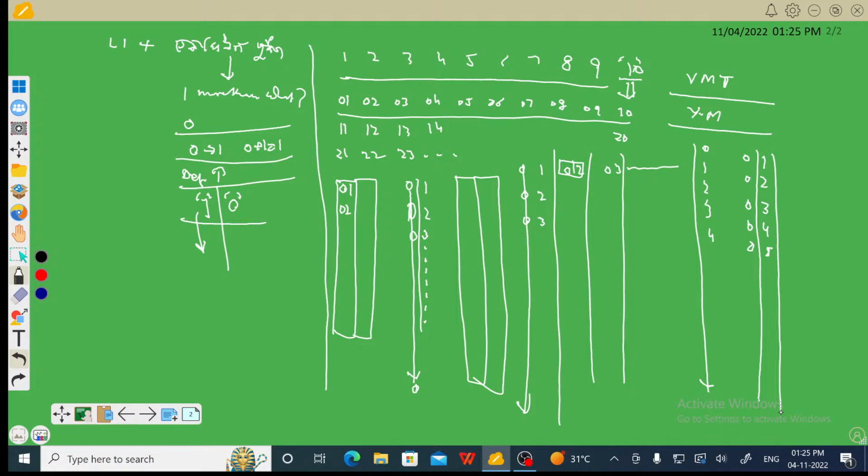Then the next will be 11, 12, 13, 14, and so on. The next will be 21, 22, 23, 24, and so on.